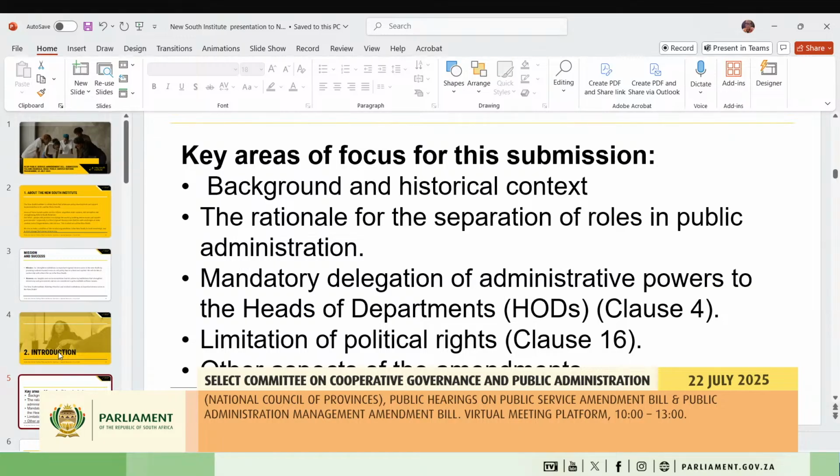Our presentation focuses mainly on the Public Service Amendment Bill. We are not making specific inputs on the PEM bill; we are basically in agreement with its proposals.